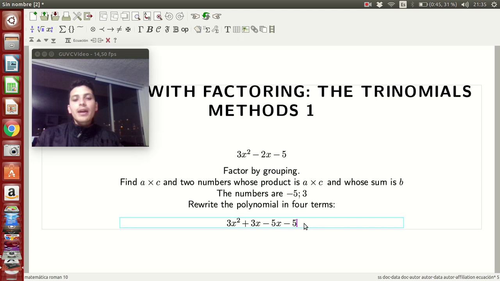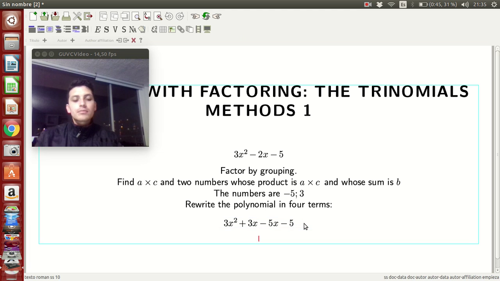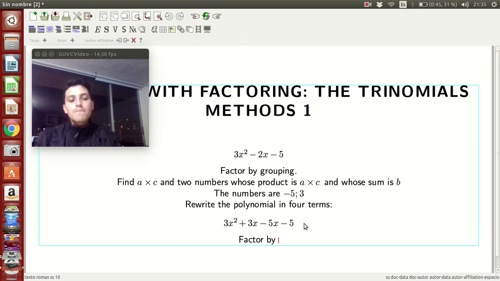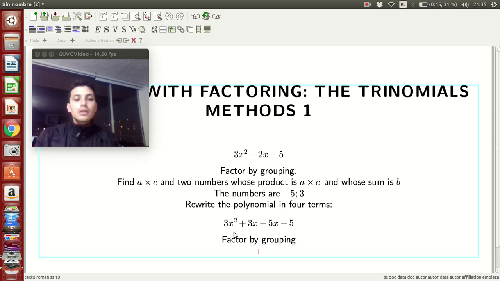So now factor by grouping. We choose the first two terms and find the GCF. The GCF of these terms is 3x.